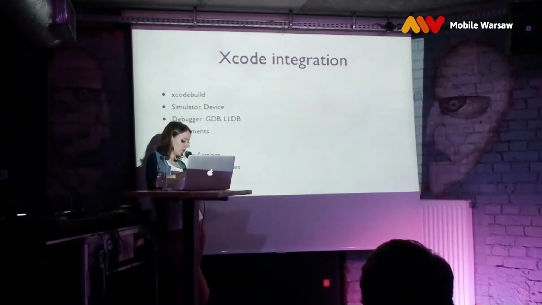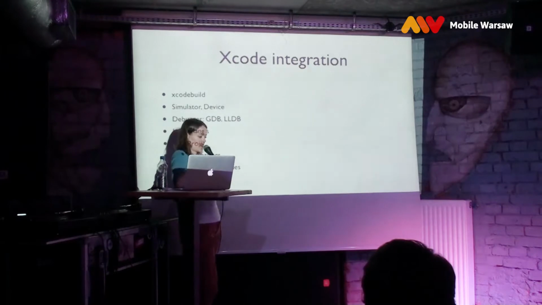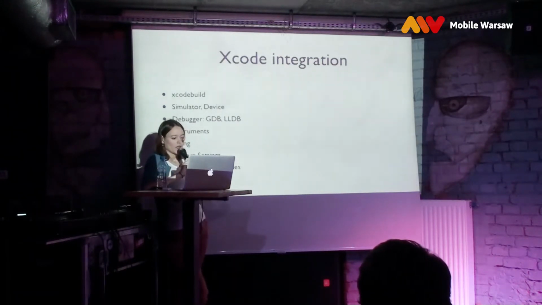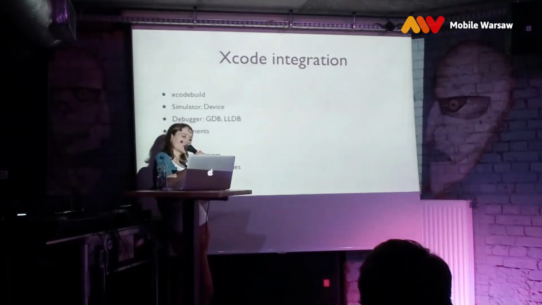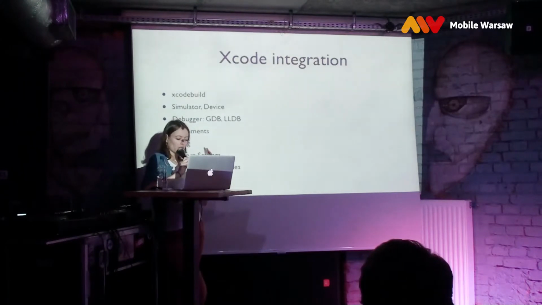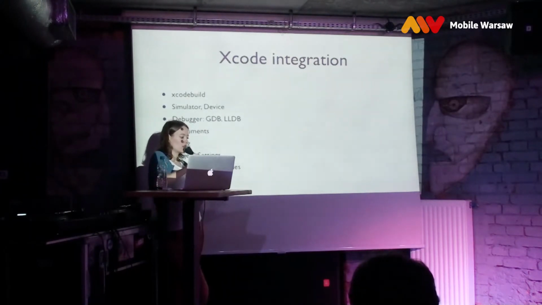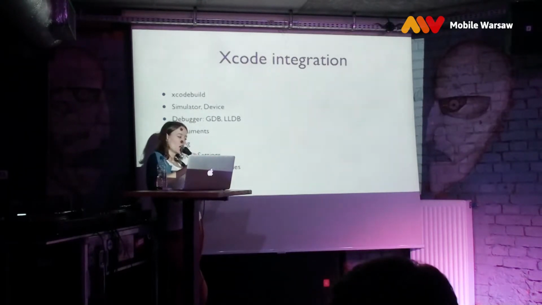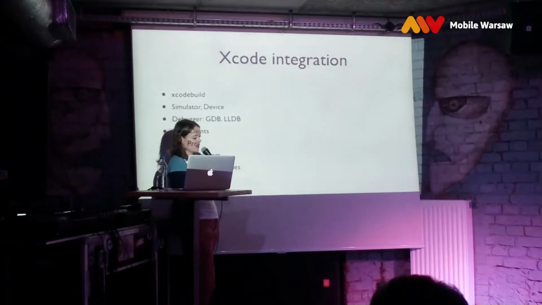And LLDB, well, it's young and not very stable, so we take the newest one and we take it with us. We can launch Instruments from AppCode. We can run the Clang analyzer on a file in the background, and then show the results of analysis right in the editor.